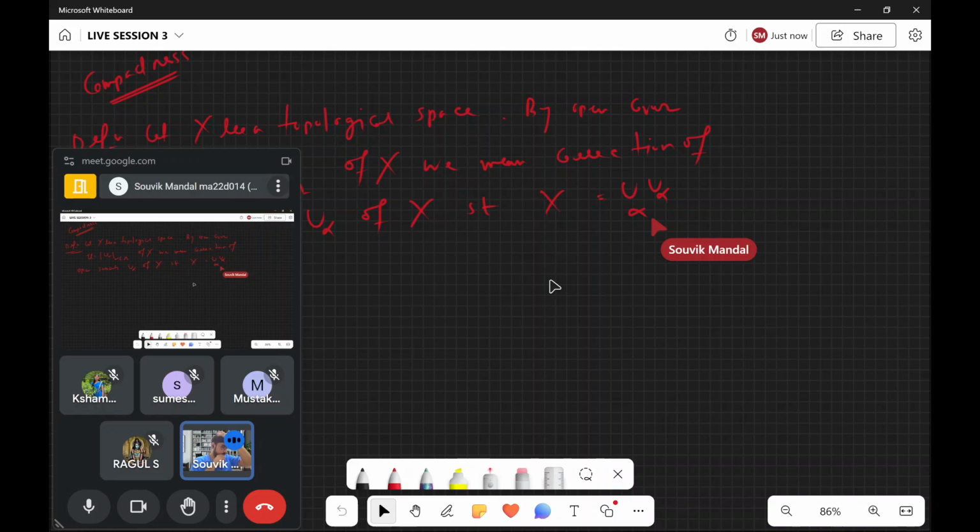So what is the definition? Suppose X is a topological space, and an open cover U is equal to the collection U alpha of open subsets of X such that X is the union of the U alpha. This is what I mean.